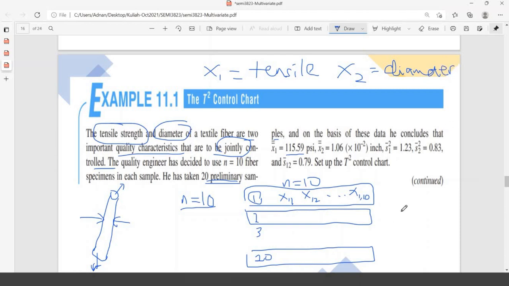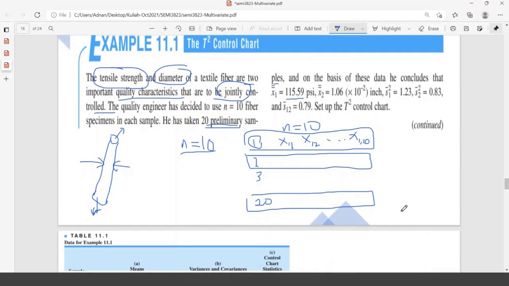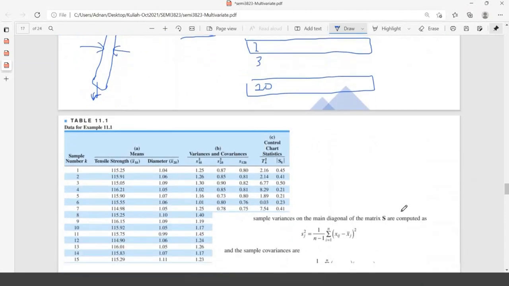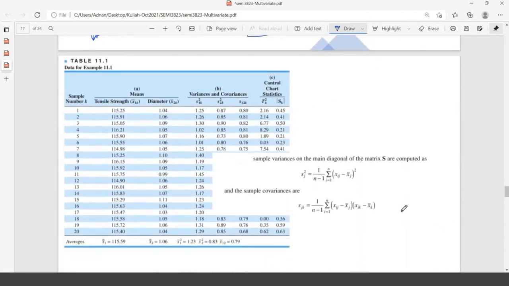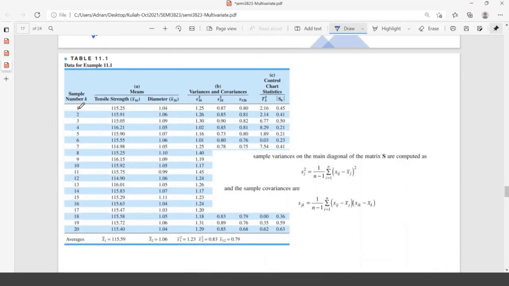Having this data, maybe I can show this for you to get a better idea. So we have this 20, and n equal to 10, so every time you take 10.